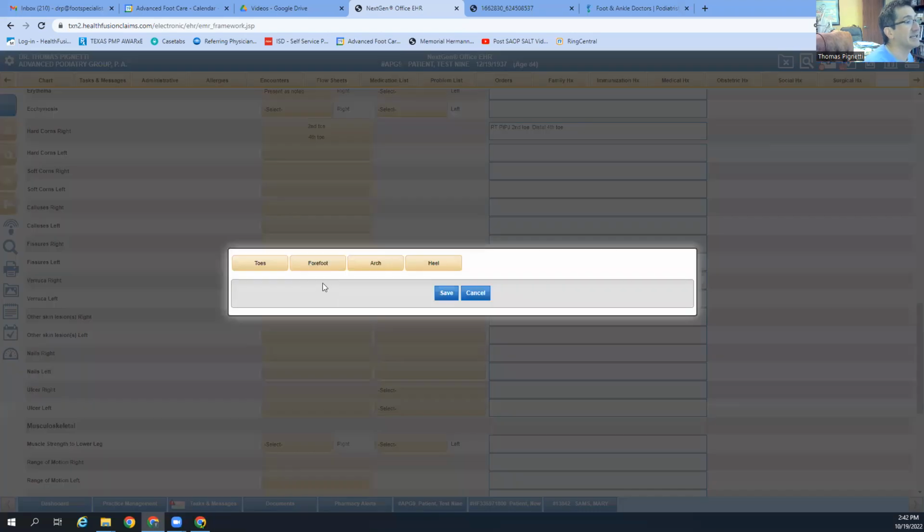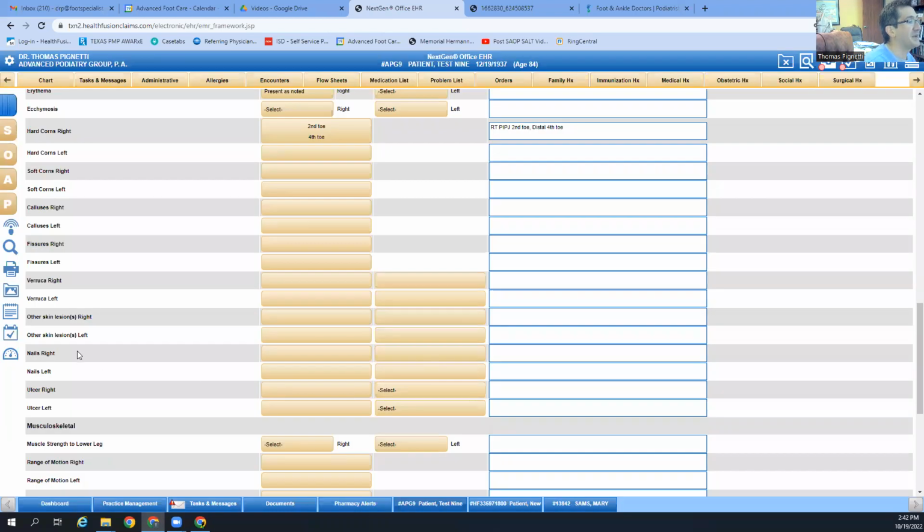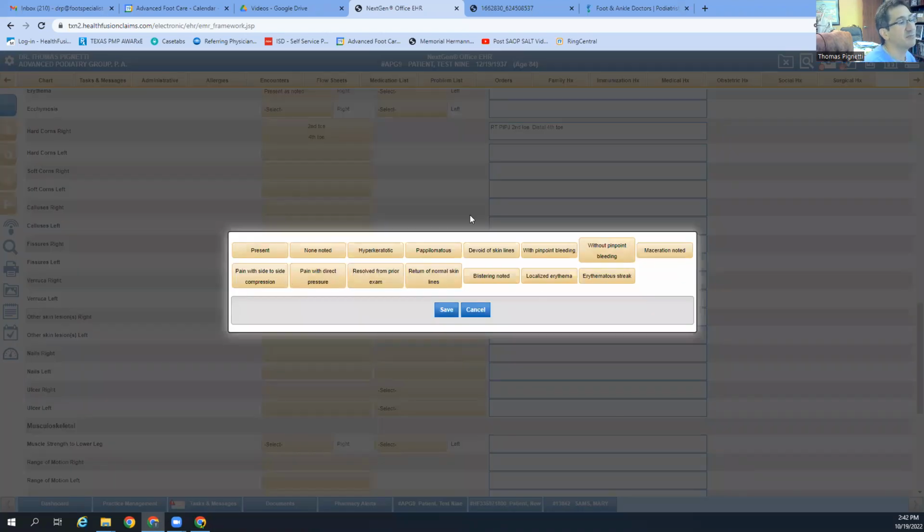Fissures are cracks in the skin. They can be in the toes, in the ball of the foot, in the arch, and commonly around the edges of the heels. Fissures are deep cracks that tend to be pretty painful. They may even bleed. Then we have warts. These are descriptive terms of them.